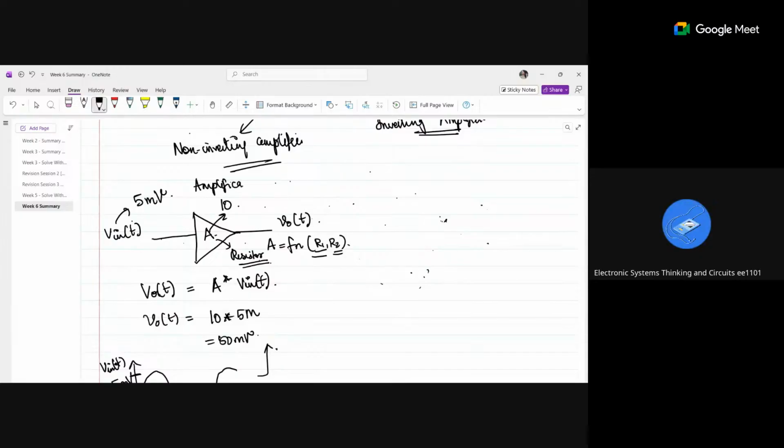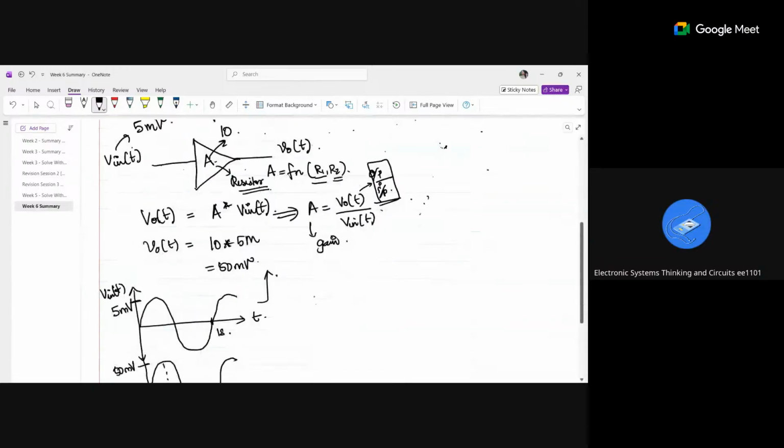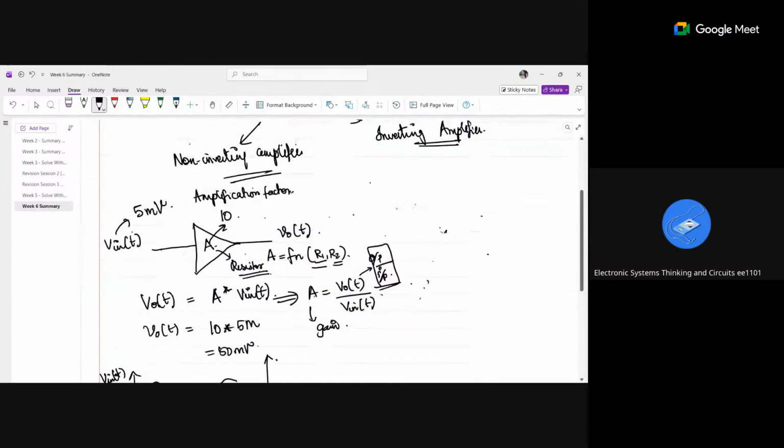And if you see this formula, I can say A is equal to V out of t divided by V in of t, right? Output divided by input. That's the gain, so we can call A the gain also. Gain or amplification factor. So these are the things you have to know about the non-inverting amplifier.